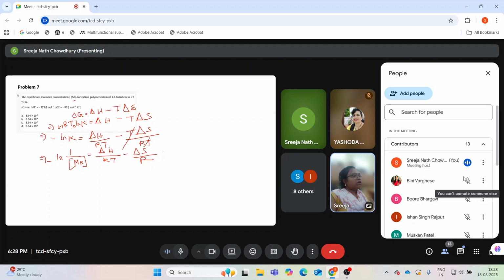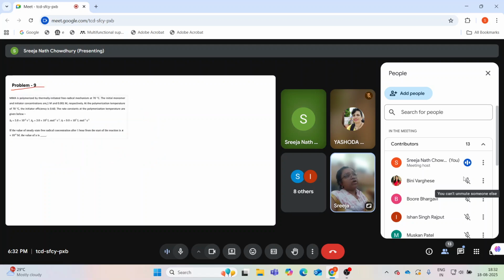So, the next sum is a numerical problem. Methyl methacrylate is polymerized by thermally initiated free radical mechanism at 70 degrees centigrade. The initial monomer and initiator concentrations are 1 molar and 0.001 molar respectively.